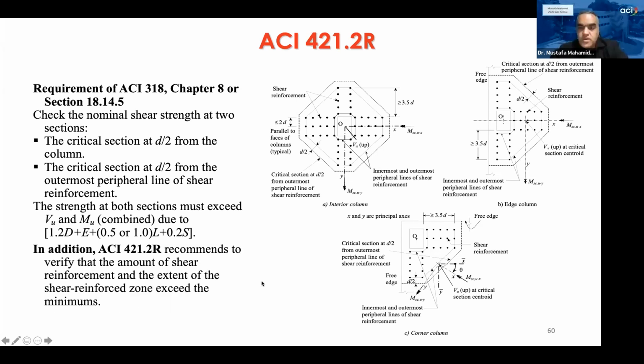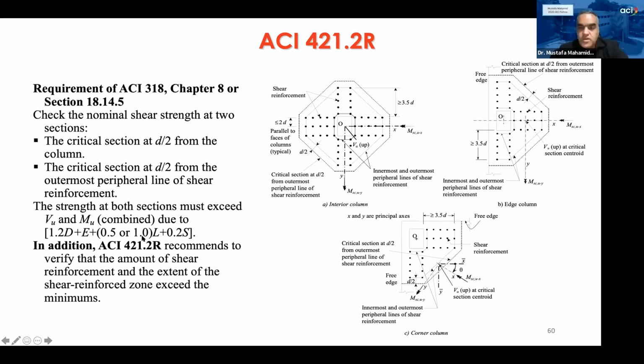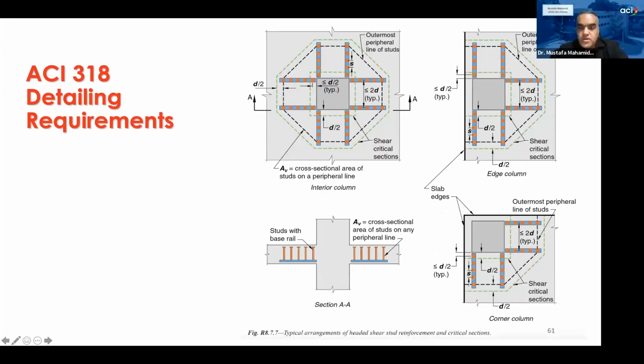And ACI 421.2 also recommends verifying that the amount of shear reinforcement and the extent of the shear reinforced zone exceed the minimum. And here we do have the detailing requirements that I talked about at the beginning that you can use, and these are from ACI 318-19.